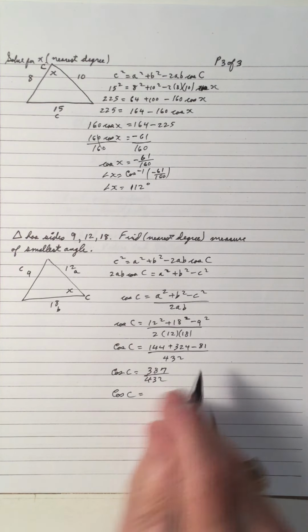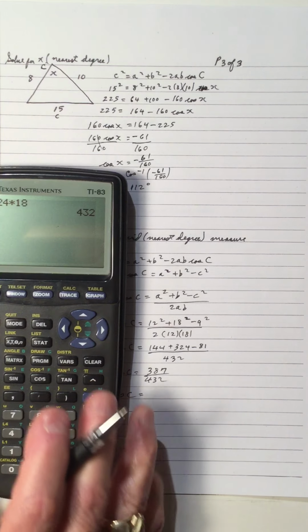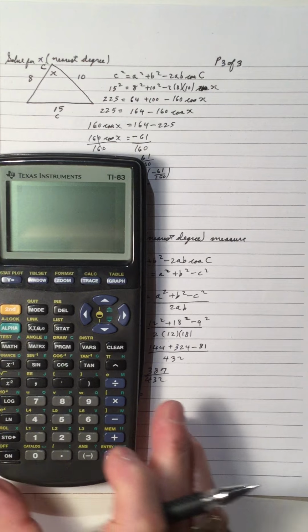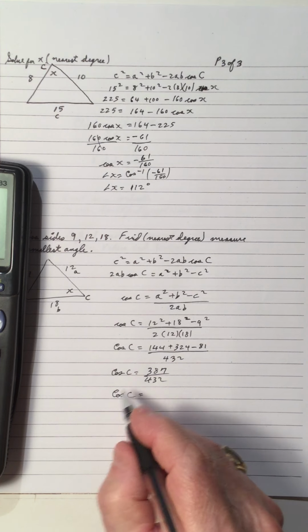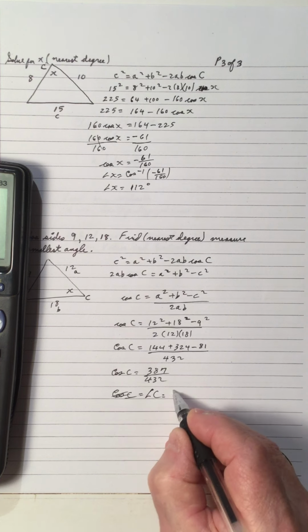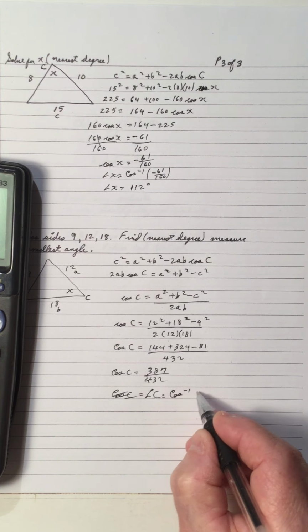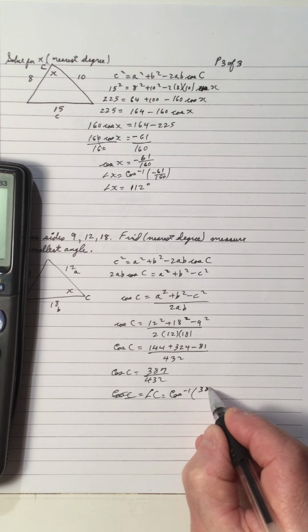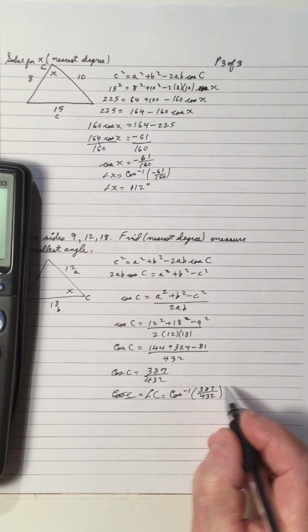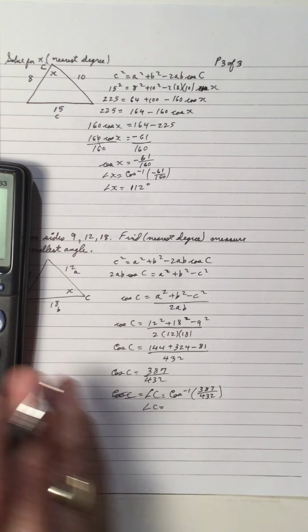Now you can leave that like that, or you can change it to a decimal, your choice. If you change it to a decimal, you don't have to. But if I want, I could say angle C is cos to the negative 1 of 387 over 432. Or I could have it as a decimal.